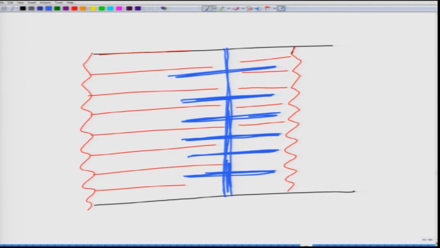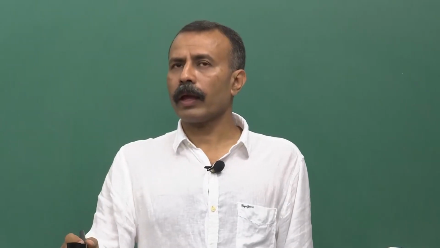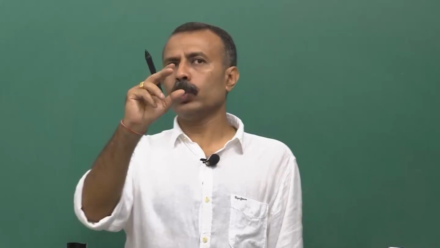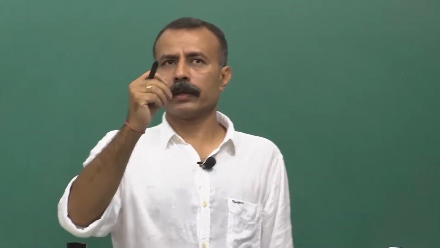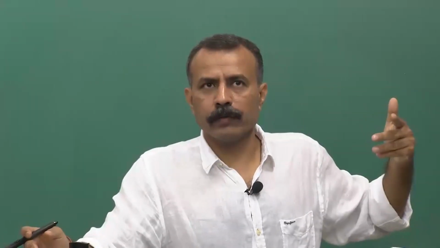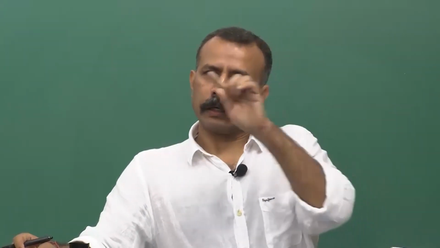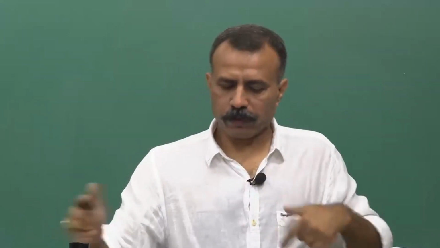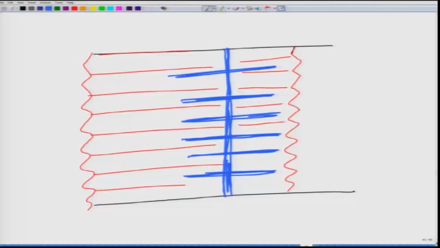So, the first observation was there are two distinct threads of protein, a thin thread and a thick thread. The green one, if you see the picture on the slide, these are the thick threads, whereas you have these threads which are the thin threads.